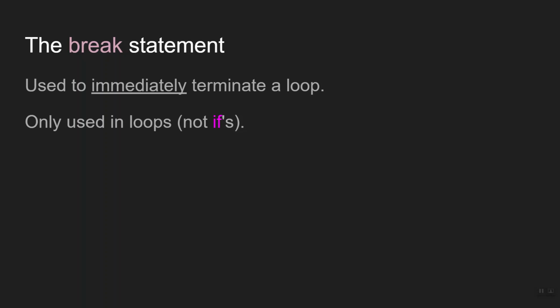So there's no way to stop the loop body when it was in the middle of executing. But the break statement provides us with the ability to immediately end a loop. As soon as it gets to a break statement, the loop will end. We'll take a look at that in a minute, but keep in mind that the break statement does not work under an if condition. Please keep that in mind.